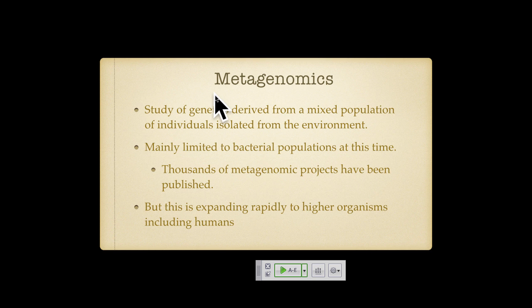This process of next-gen sequencing is beyond the scope of this course, but the take-home message is we can look at the genetics of very complex populations of organisms. This is expanding all the way up into humans now. We have the 1,000 and 2,000 genome projects. So what we mean by metagenomics is a genetic analysis from a very large mixed population of individuals, and from that being able to tease out some new genetic information.